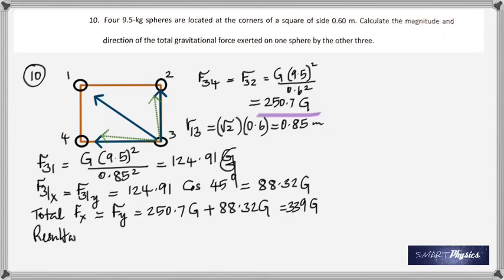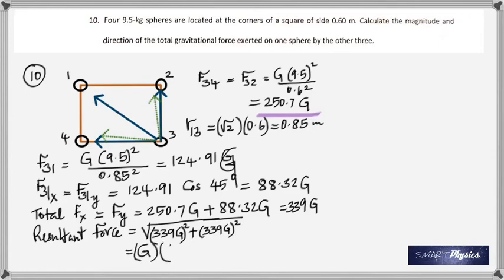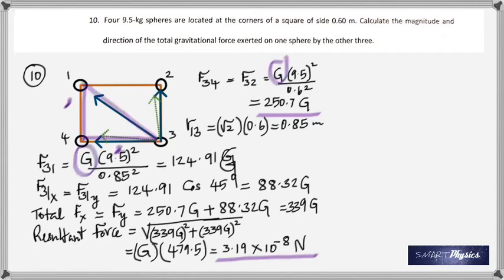Now find the resultant of the two by using the Pythagorean theorem, which is 339g squared plus 339g squared. I've taken g out because the square root of a square is just that quantity. When I substitute all the values, I get 3.19 times 10 to the negative 8 newtons.